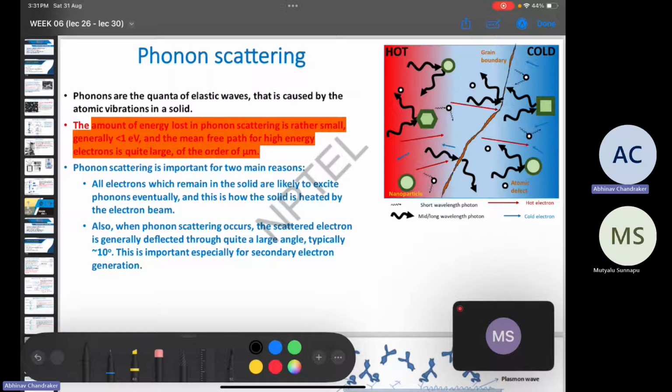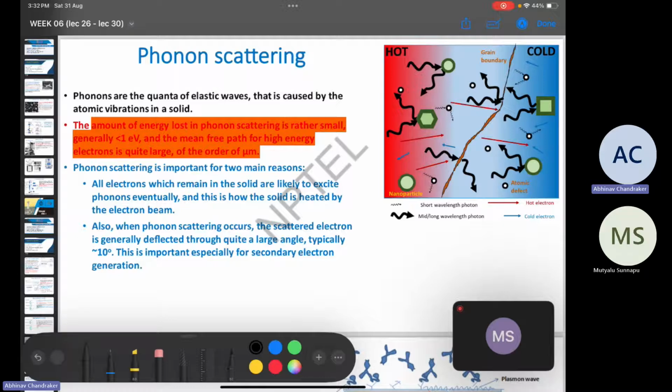As the incoming electron interacts with the atoms of the material, it causes some atomic vibrations, and through this route there is some loss of energy in the form of heat, since the atoms are vibrating more heavily due to this incoming electron.